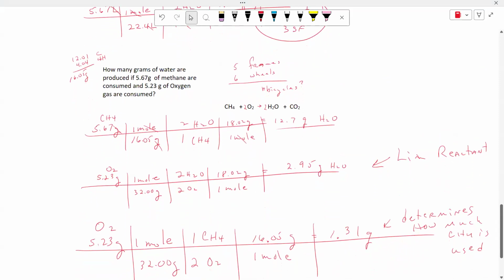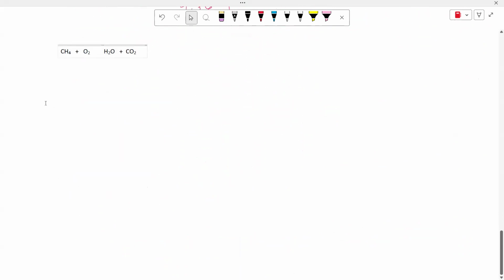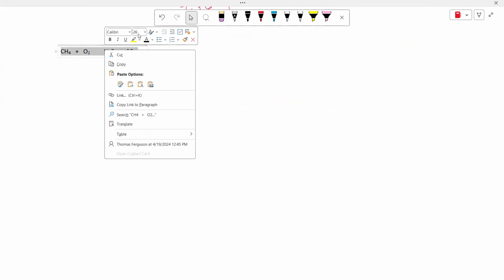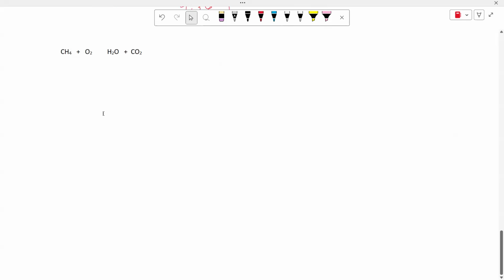Okay, so let's burn methane again. Okay, so I gotta invent a problem here now.